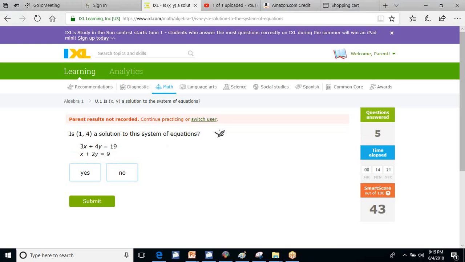So x plus 2y is equal to 9. If we're going to solve for x, we keep x on the left hand side. x is equal to 9 minus 2y, right?